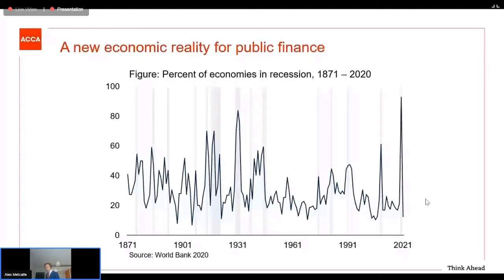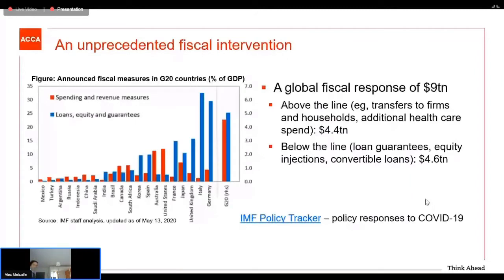And that is what we're largely seeing here too, a real, unprecedented fiscal intervention by governments. What I'm showing you on the left-hand side is some really excellent analysis from the IMF, setting out the announced fiscal measures across the G20 countries, presented as a percent of GDP.